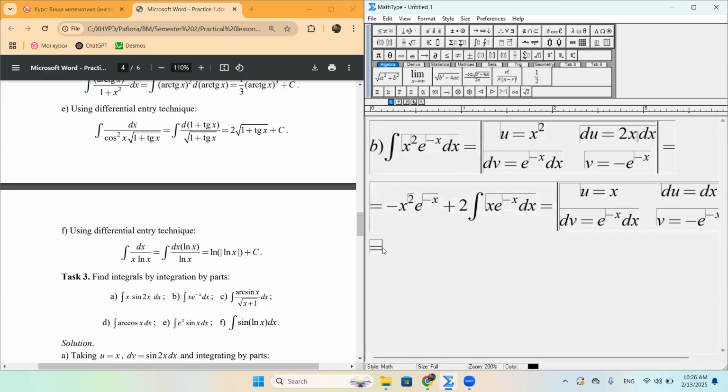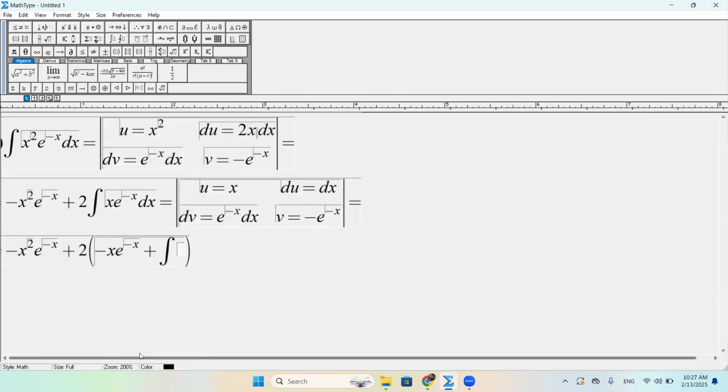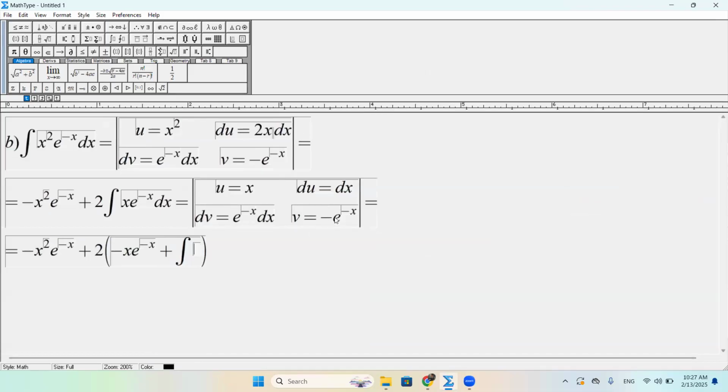So, continuing the calculation, plus 2, and this will be in brackets. So, minus x multiplied by e to the power of minus x, plus the integral of e to the power of minus x dx.